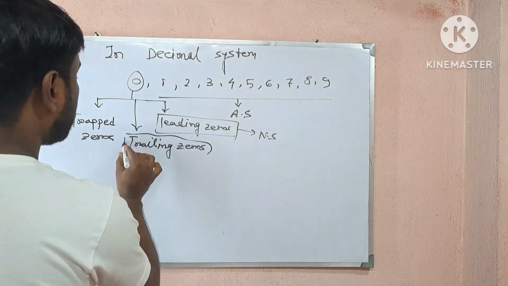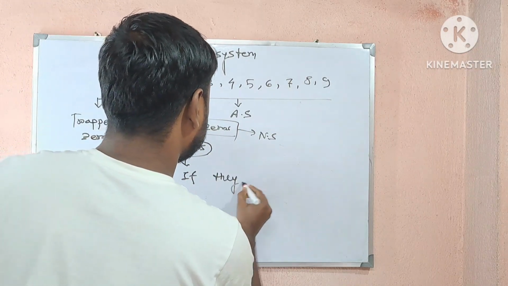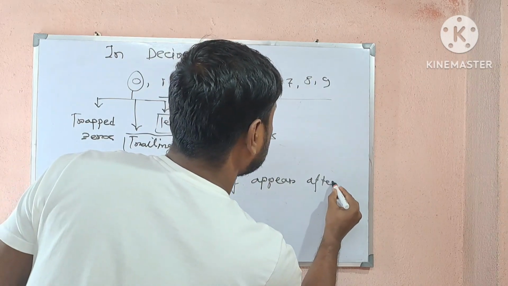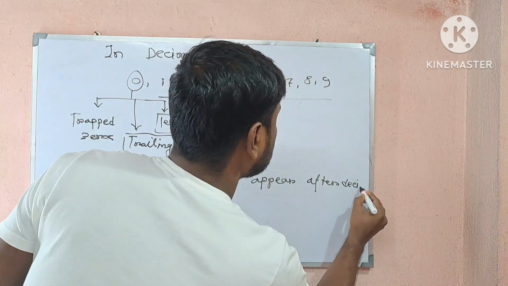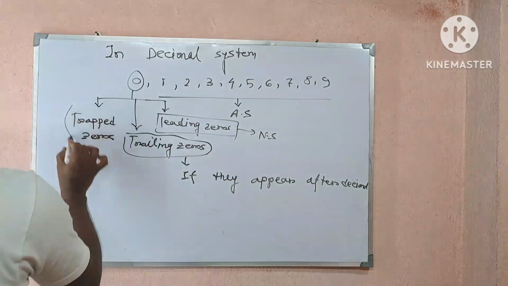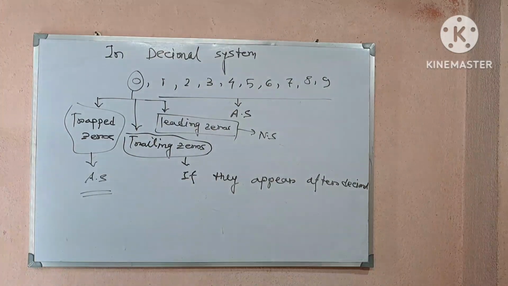Trailing zeros are significant if they appear after the decimal. If they appear after the decimal, then they are significant. Otherwise, not. And trapped zeros are always significant.